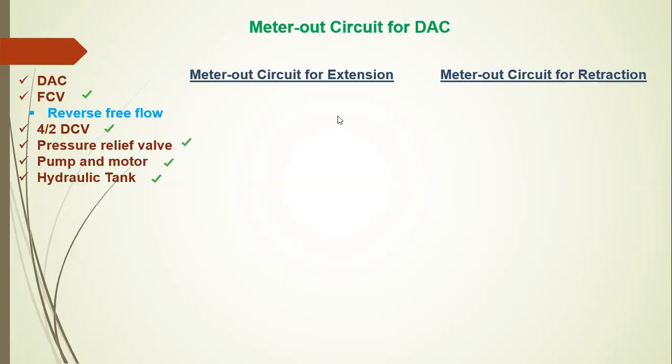The specific type we use here for speed control in the meter-out for DAC is reverse free flow FCV. Then we require one double acting cylinder, so that we give motion in both directions, forward and reverse, with both sides active.